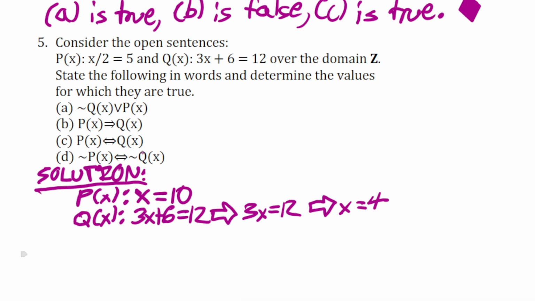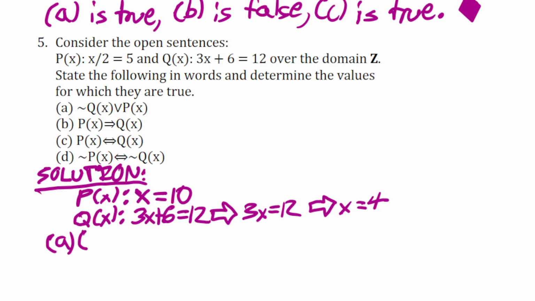So let's look at part A. So we have not Q of x disjunction P of x. So not Q of x, that's going to be when x does not equal 4, which is going to be separated from x equals 10.